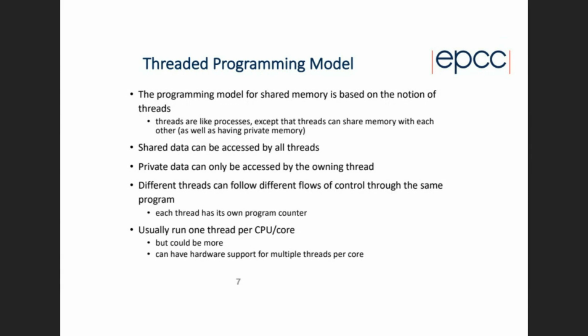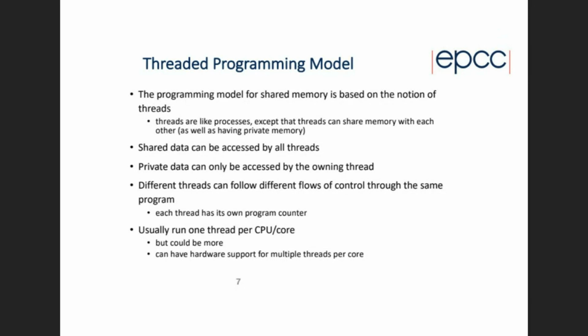The OpenMP specification, for example, specifically says that if you try to do that, then that's not a correct OpenMP program, and anything might happen. Because at some level, it's all just memory, but there's this logical distinction between shared data and private data.